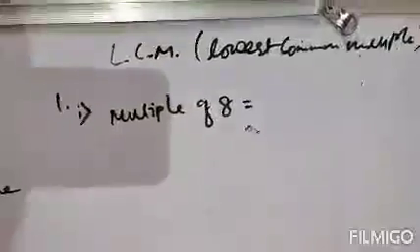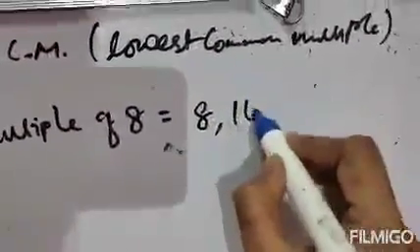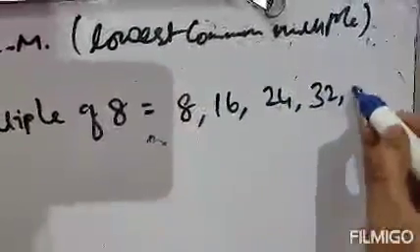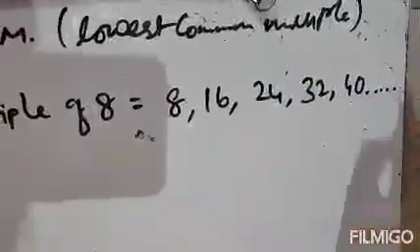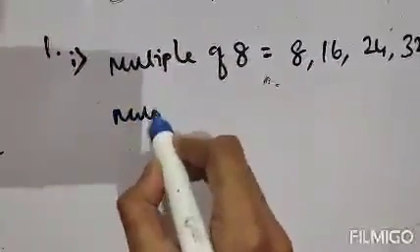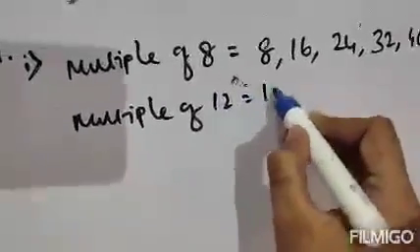So first find out multiple of 8. 8 ones are 8, 8 twos are 16, 8 threes are 24, 8 fours are 32, 8 fives are 40 and so on. Clear? Next, multiple of 12, that is 12 ones are 12.